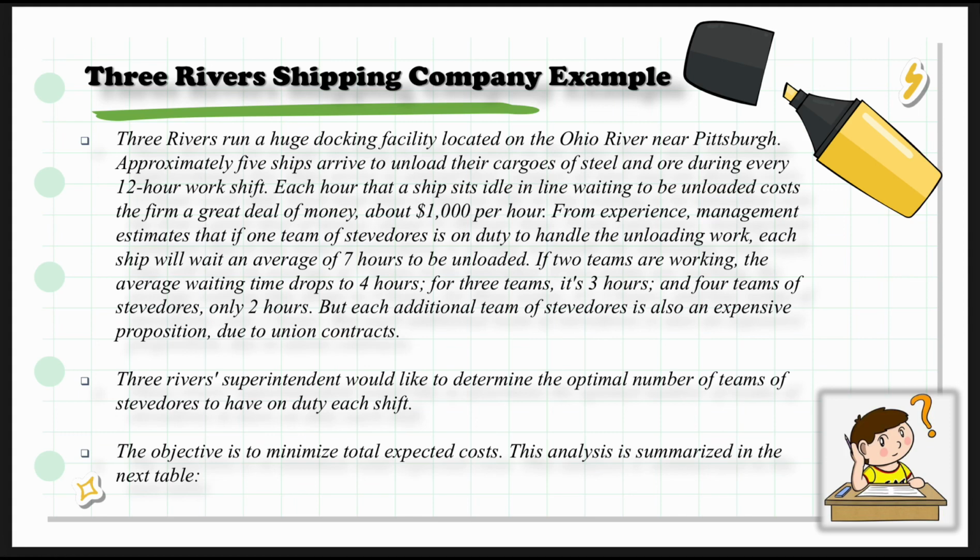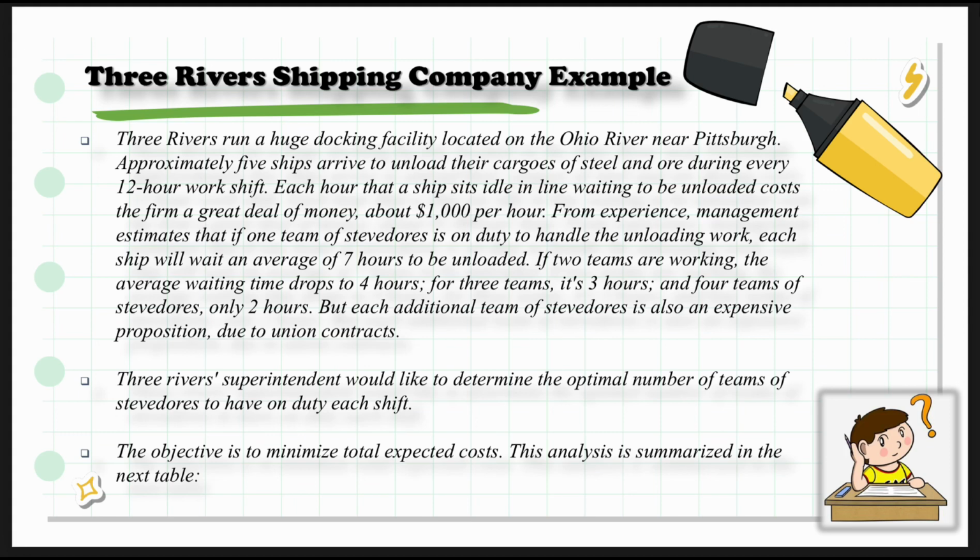From experience, management estimates that if one team of stevedores is on duty to handle the unloading work, each ship will wait an average of 7 hours to be unloaded. So if 2 teams are working, the average waiting time drops to 4 hours. For 3 teams, it's 3 hours. And for 4 teams of stevedores, only 2 hours.